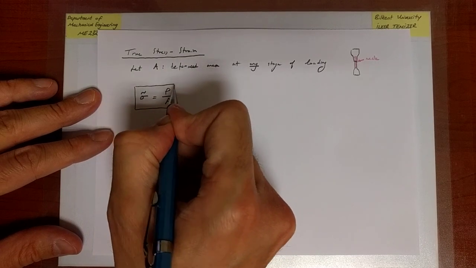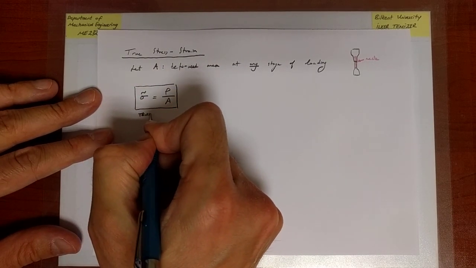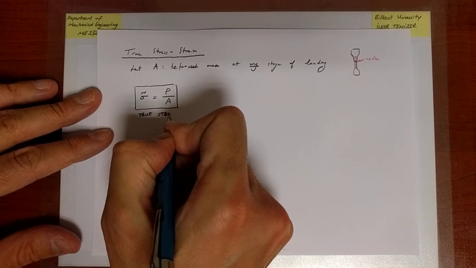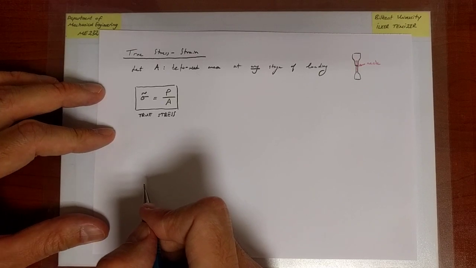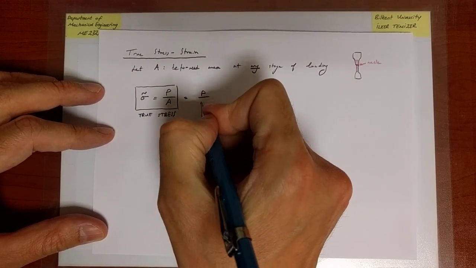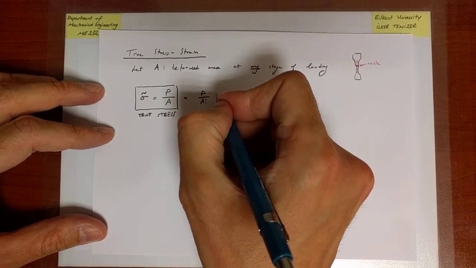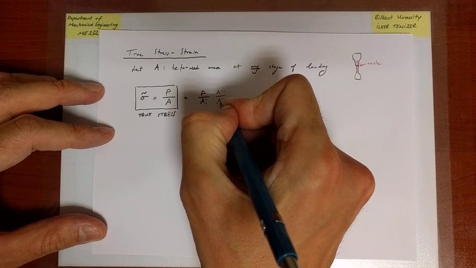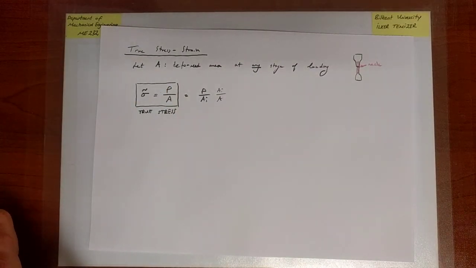This quantity is going to be referred to as the true stress. Okay. Now we can easily manipulate this expression as follows. Instead of dividing directly by A, I can divide first by AI, and then multiply by AI over A and end up with the same definition.